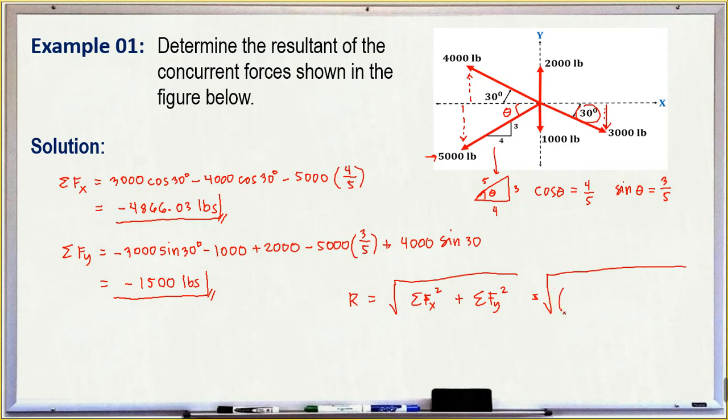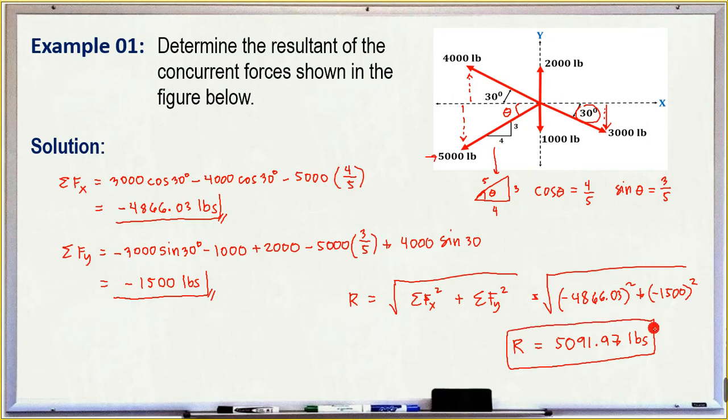So here, we have negative 4,866.03 squared plus negative 1,500 squared. So the resultant force of these 5 forces will be 5,091.97 pounds. Okay, this is just the magnitude of the resultant.